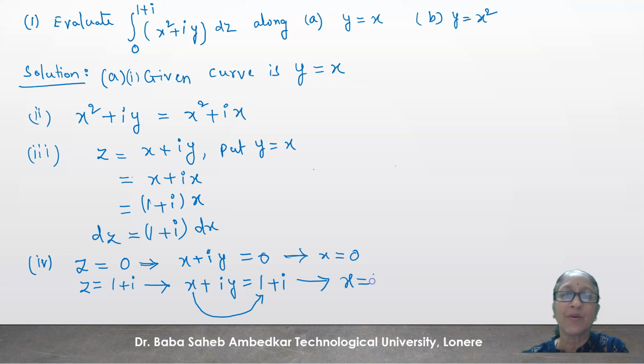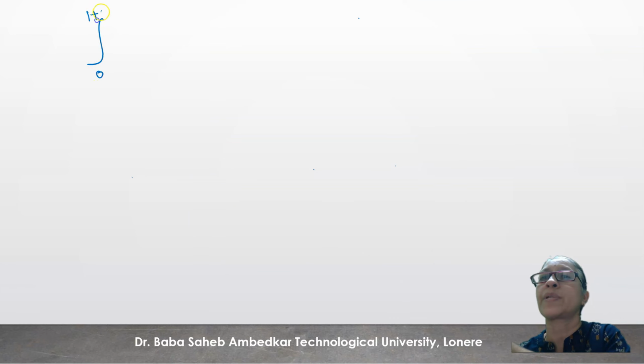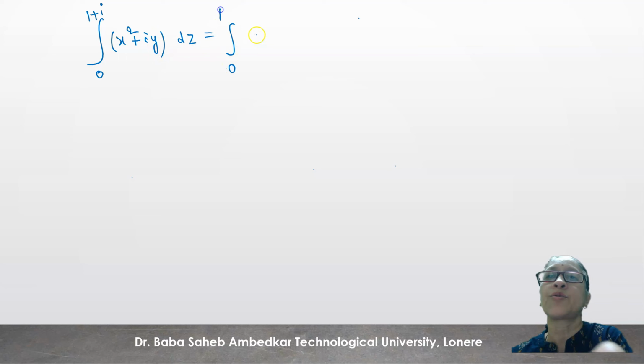So here limits are from x equal to 0 to x equal to 1, and the integrand is x square plus ix and dz equal to 1 plus i dx. Then let us write this given integral in terms of x. So the integral from 0 to 1 plus i of x square plus iy dz equals the integral from 0 to 1 of x square plus ix into 1 plus i dx.